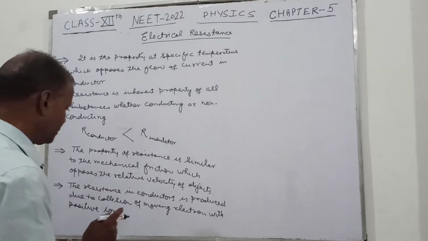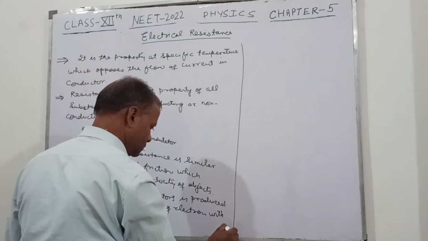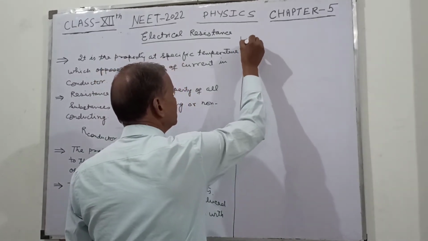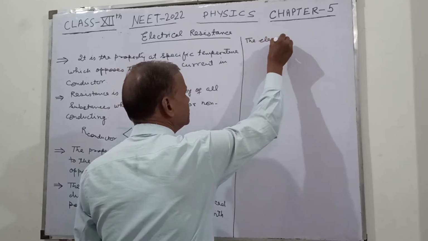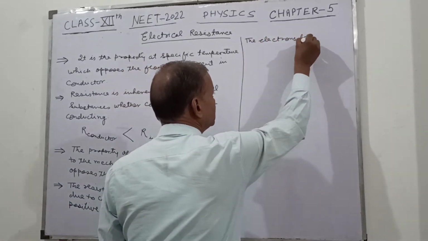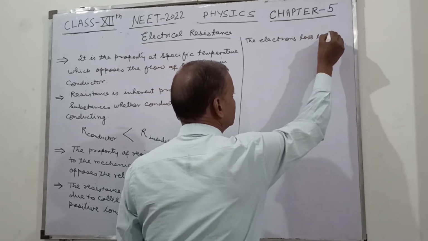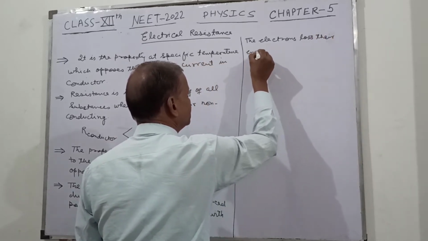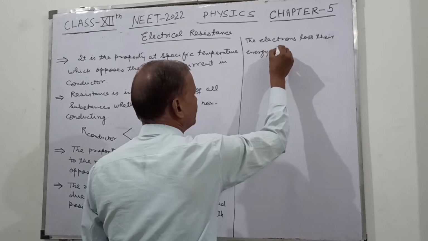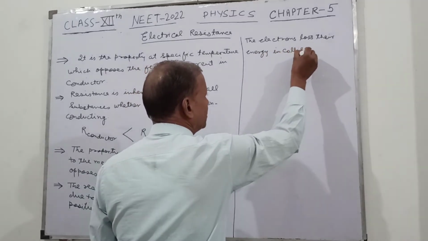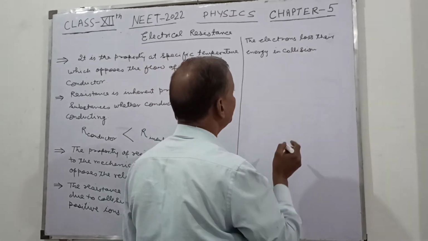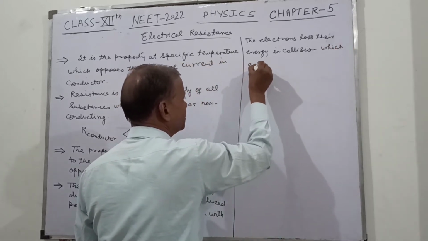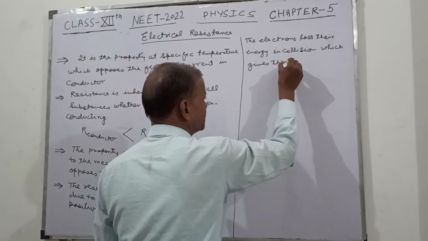The electrons lose their energy in collision, which gives the resistance.